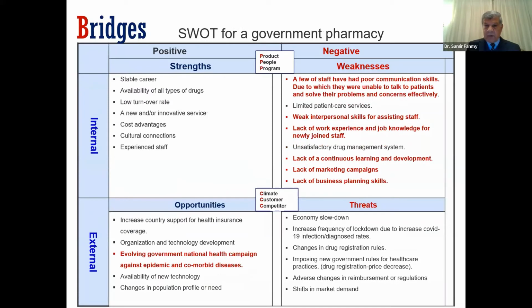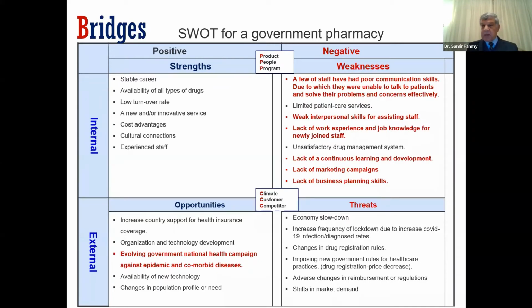So we move to list this again, with other samples for the government pharmacy, and we put them in red color. Few of the staff who are working in the back do not have enough communication skills, and they were not used to dealing with the patients.